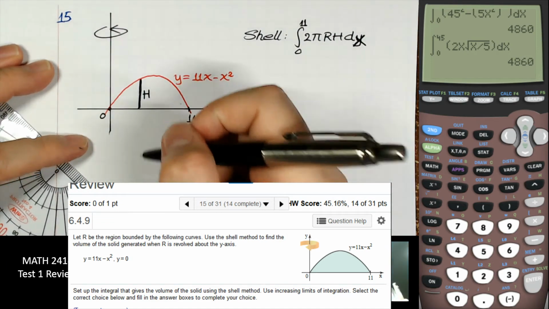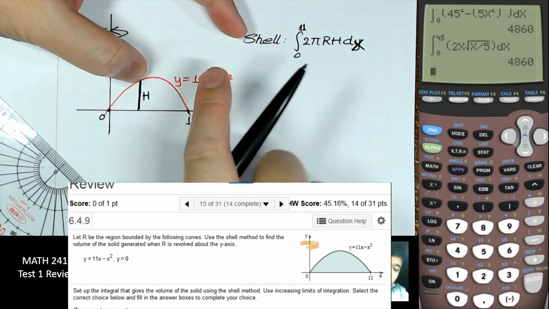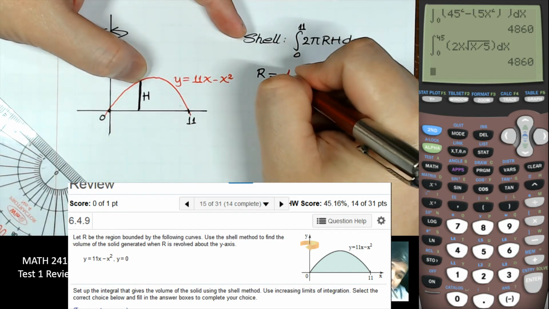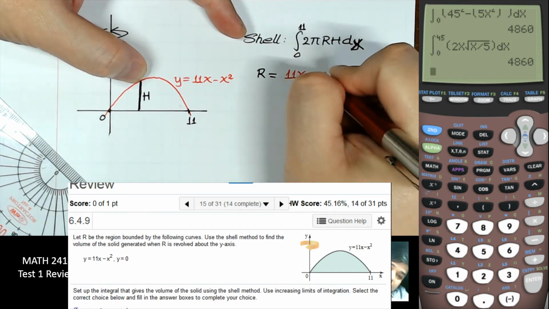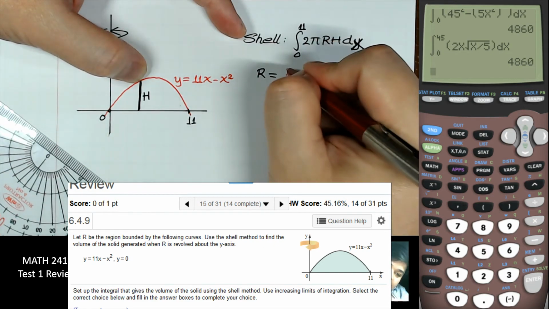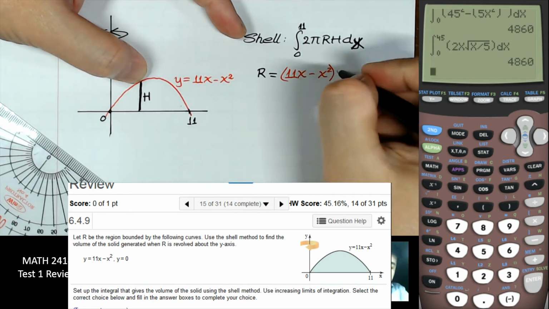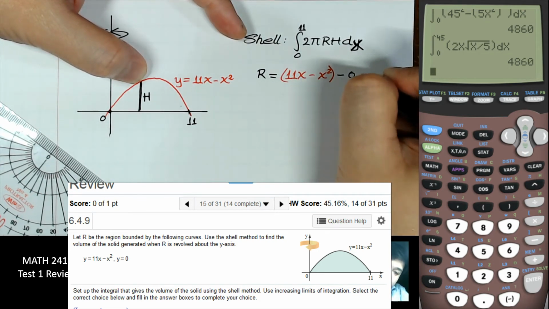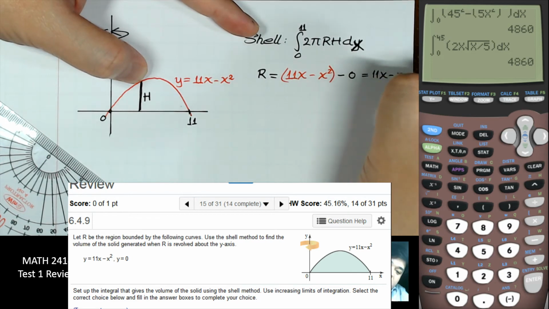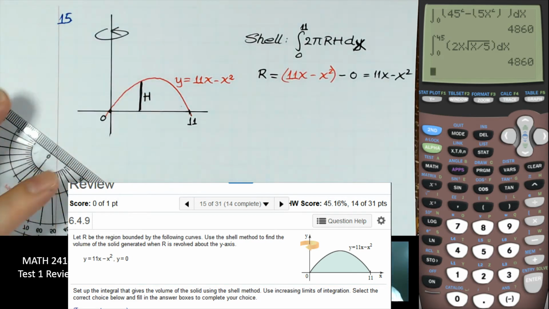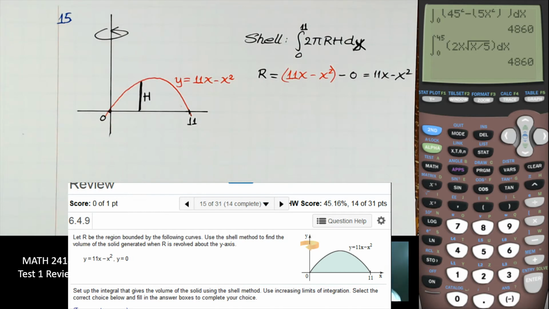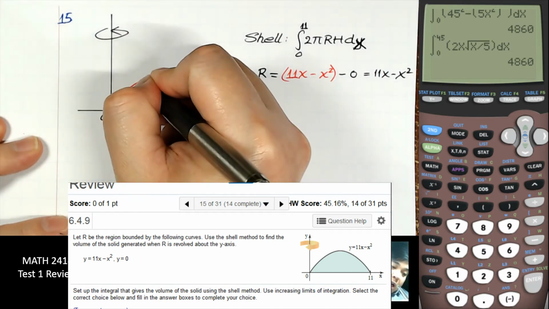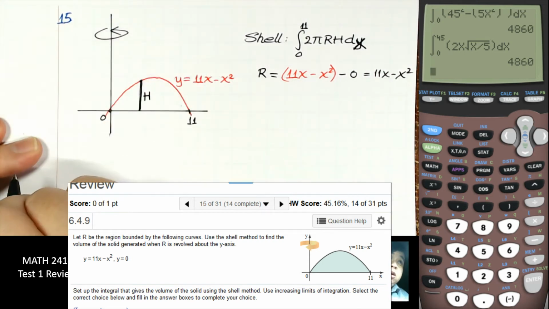And that height is bounded above by the function and bounded below by y equal to 0. So just 11x minus x squared. Right. Now pick any point on the line, on the height. It could be that top point or the bottom point or any point in between.